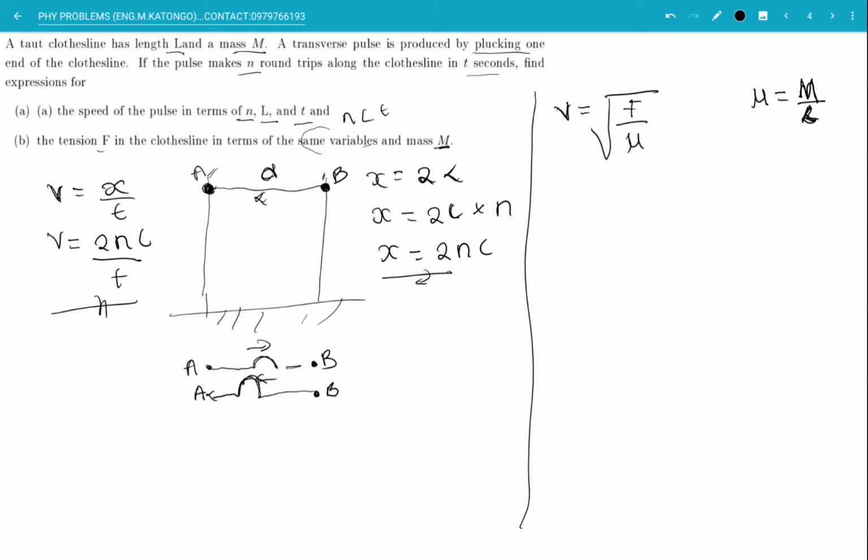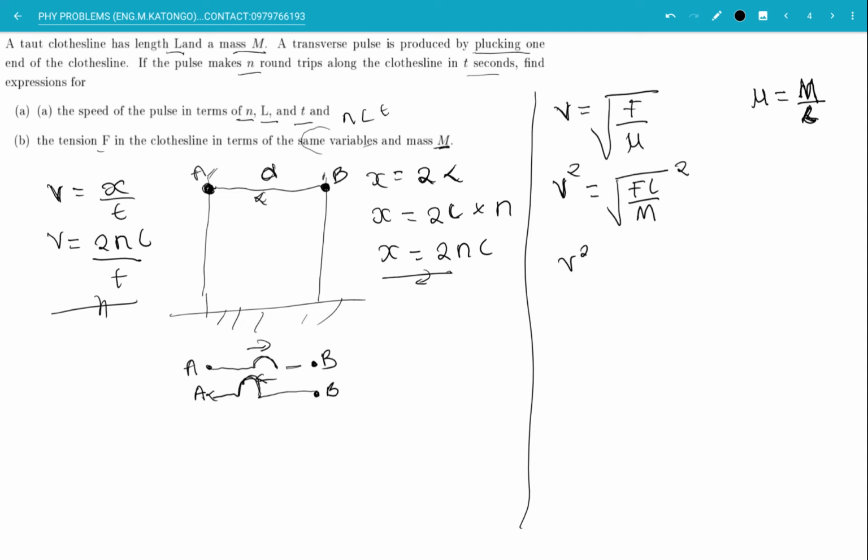Okay, so determining the speed, v is equal to the root of F. Substituting for mu, we'll have FL over the mass. And then, making tension the subject of the formula, we'll square both sides of the equation.